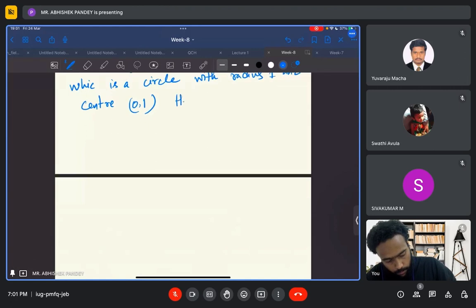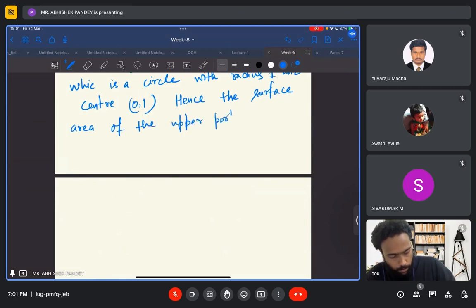Hence the surface area of the upper portion is root 2 dx dy.